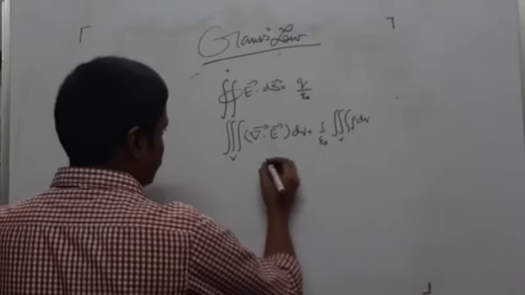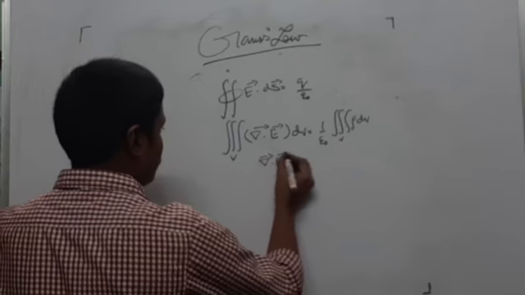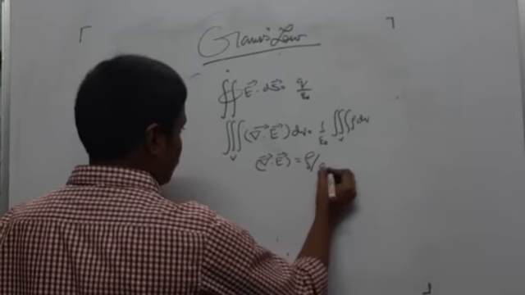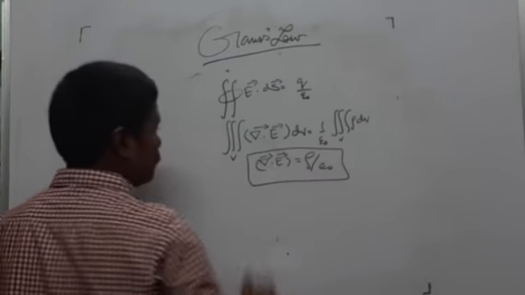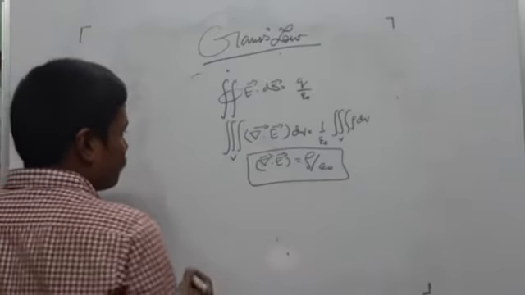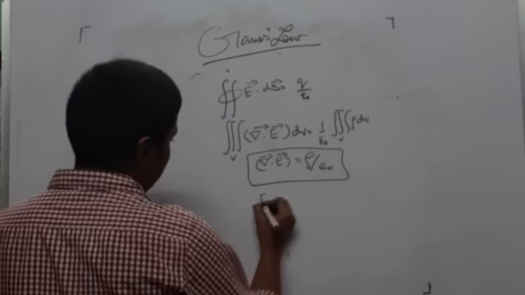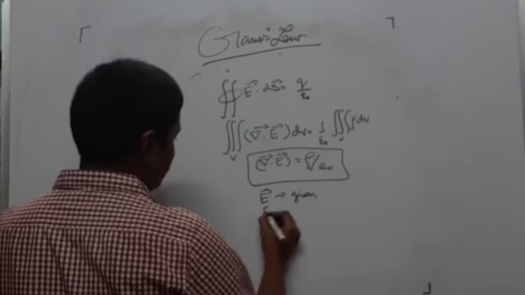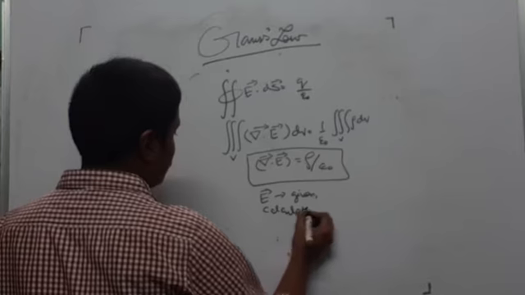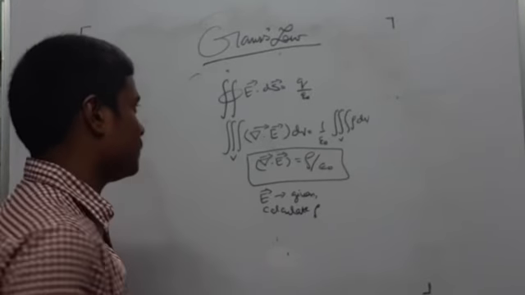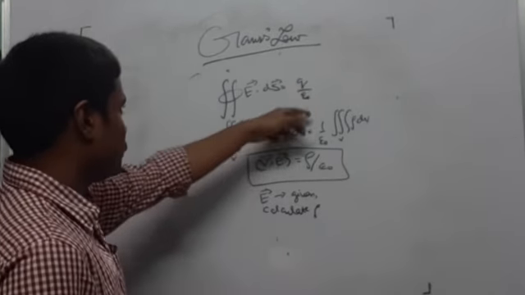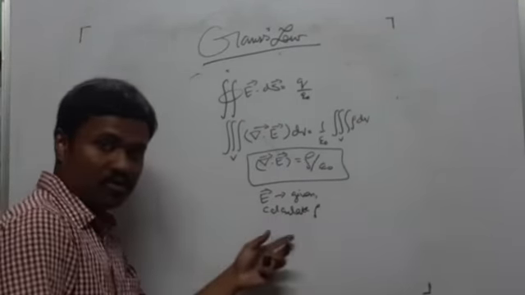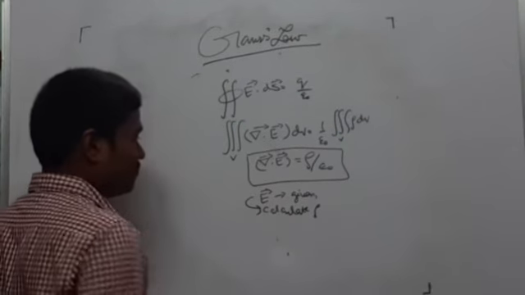If dV is arbitrary, the divergence of E is rho over epsilon naught, and this is the differential form of Gauss's law. When you're given an electric field, you can calculate the charge density rho backwards, whereas in the other case you have the charge and have to calculate the electric field.